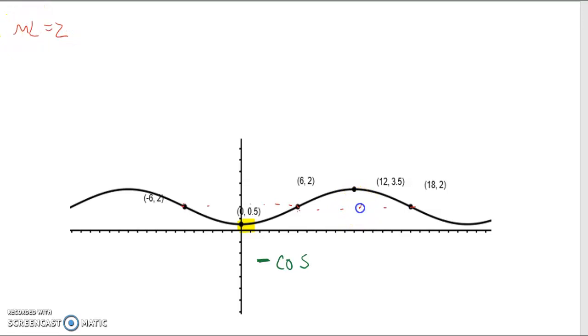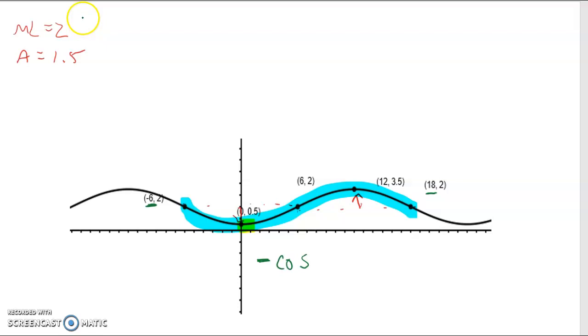My amplitude is distance from my midline up or distance from my midline down, and we can see that our amplitude is 1.5. We look at our period to go through one cycle. There we go, that's one cycle. We're going from an x value of 18 and an x value of -6.